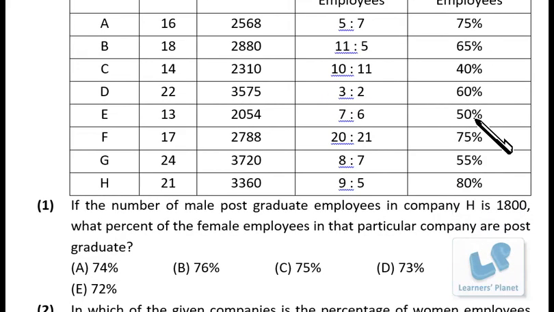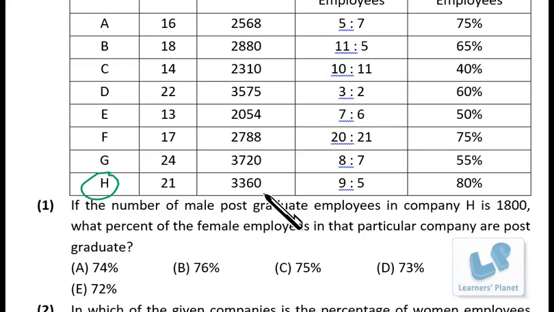Now we see the first question. If the number of male postgraduate employees in company H is 1800, what percentage of female employees in that particular company are postgraduate? Okay, so we are talking about company H. So postgraduate is 1800, and here we have been given that 80% are postgraduate, right?